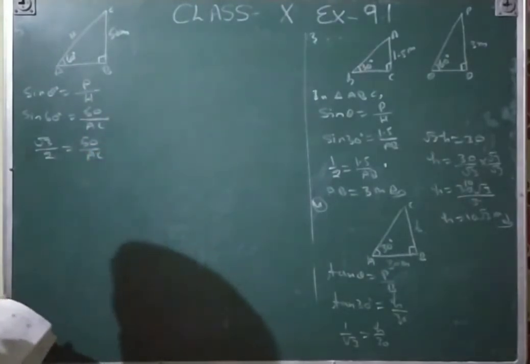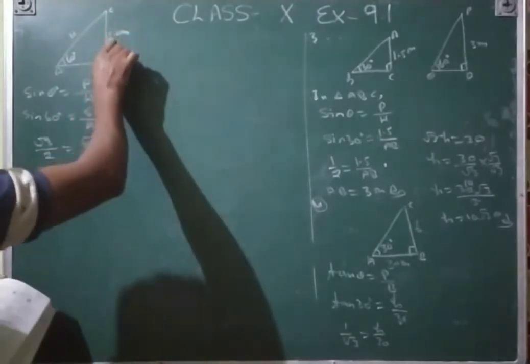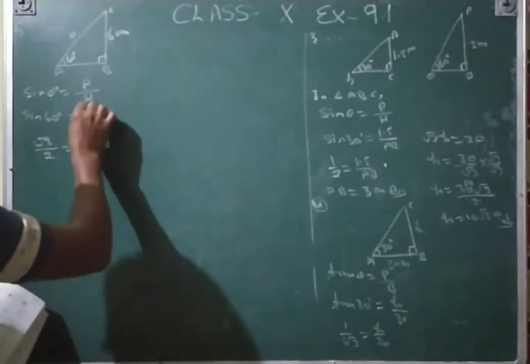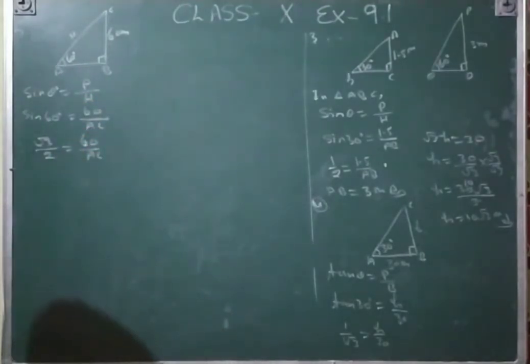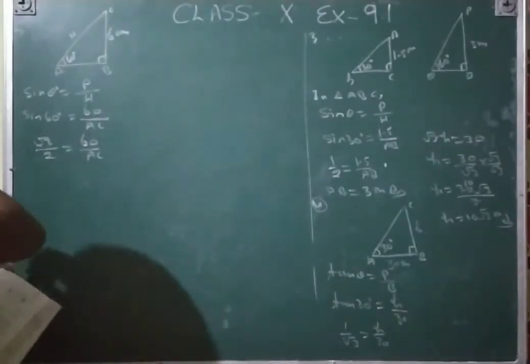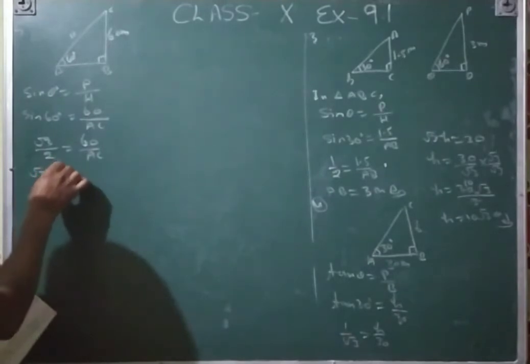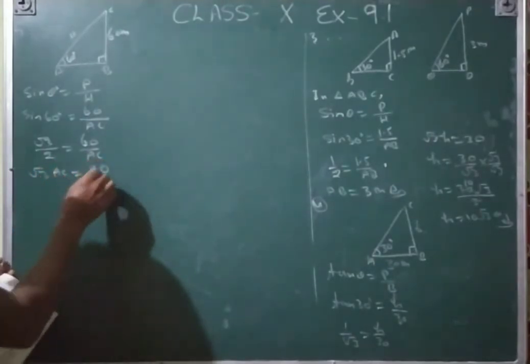Sorry, it is 60 meters. By cross multiplying, root 3 AC is equal to 60 times 2, that is 120.